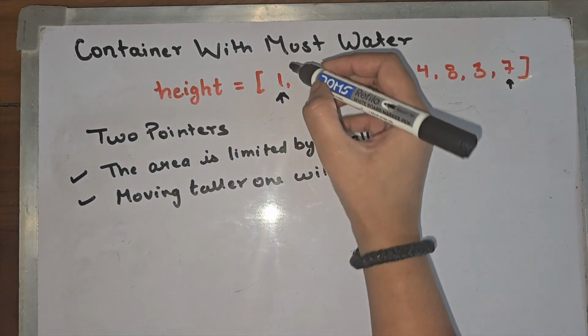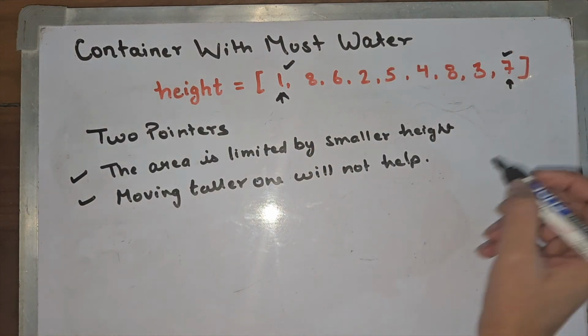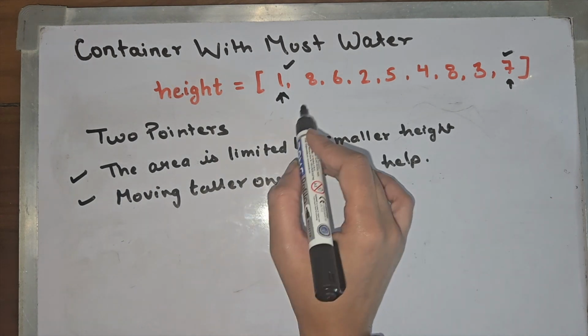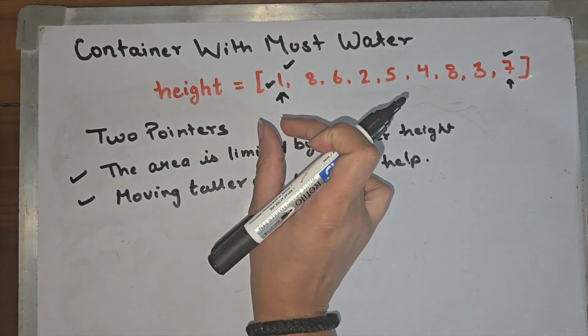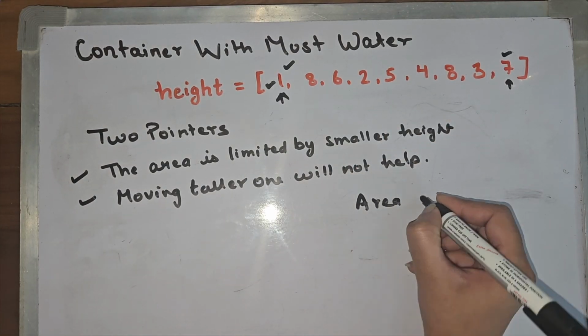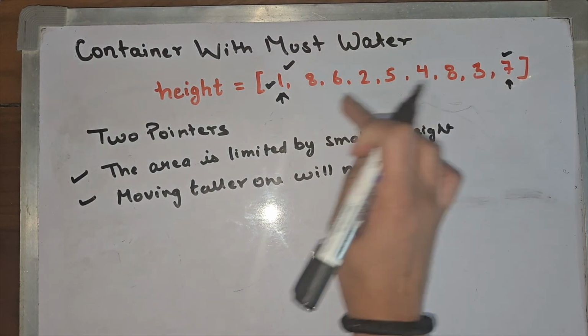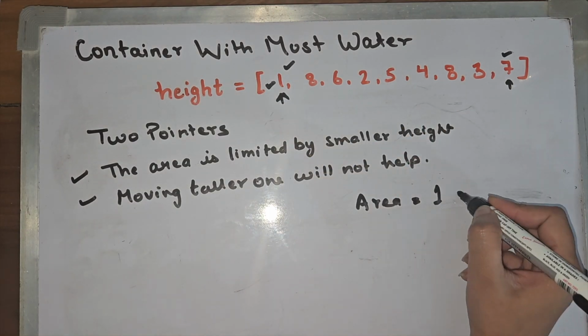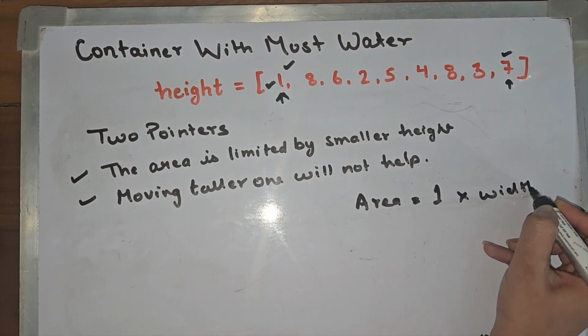So if we have 1 and 7, the area depends on the smaller element. In this case, area will be basically the smaller of these two, 1, into the width of these two indices.